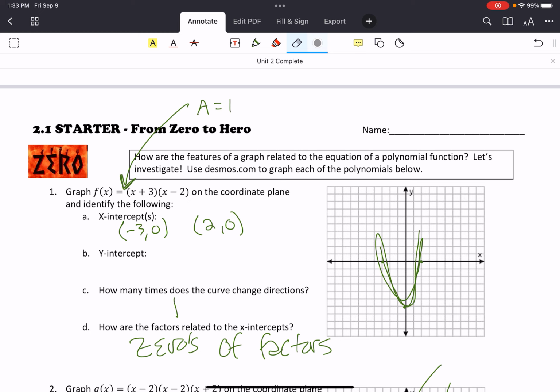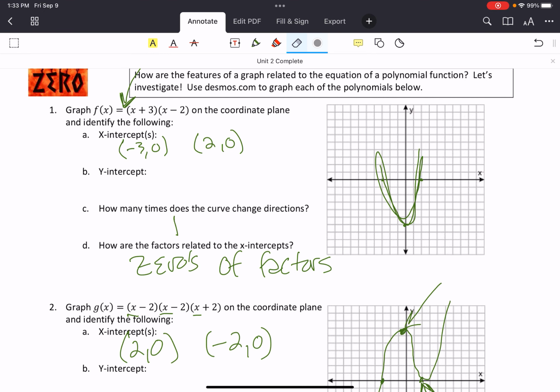What we're going to notice is that we're going to be able to use that idea with higher level degrees also. So on this one here, this is a cubic because there's 3 x's. So if I did put that into standard form, I'd have an x cubed. What would the number in front, the A, be if I were to multiply that whole thing out?